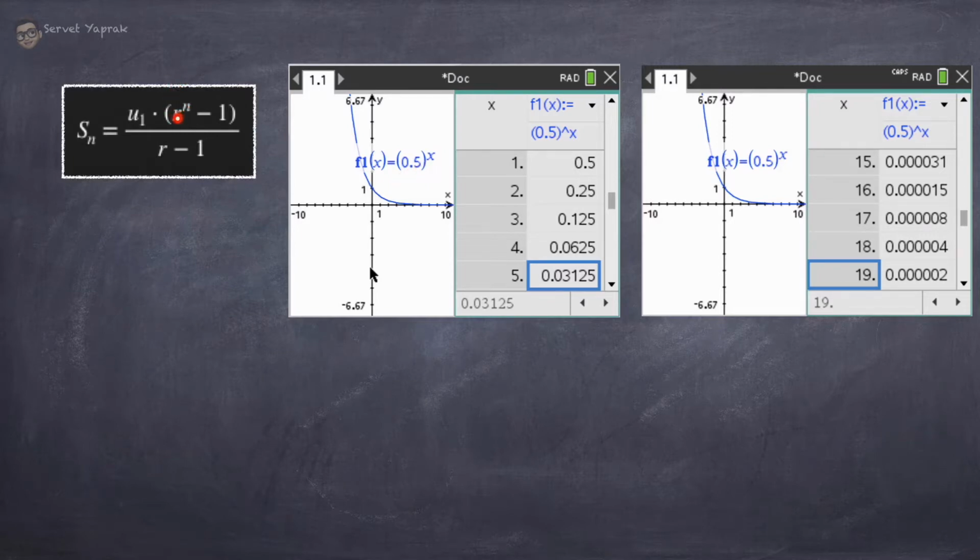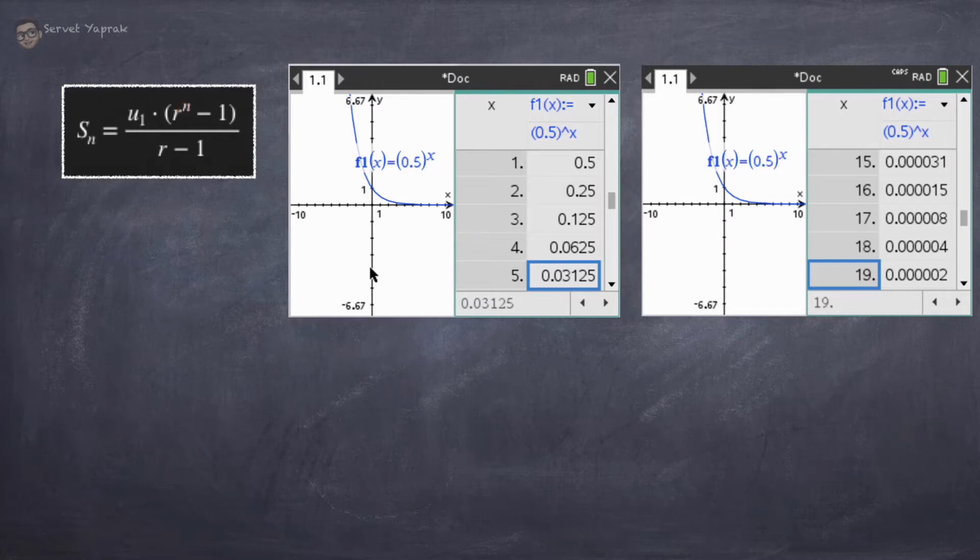So if I substitute 0.5 for r, this will be 0.5 to the power of n. If I add an infinite number of terms here, it will look like this. So 0.5 to the power of 1, if I add only one term, the answer will be 0.5 here.